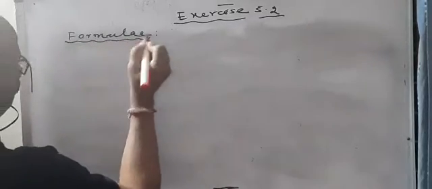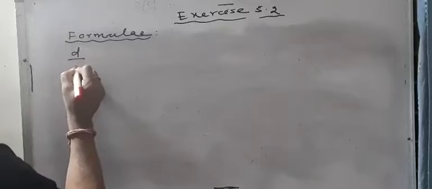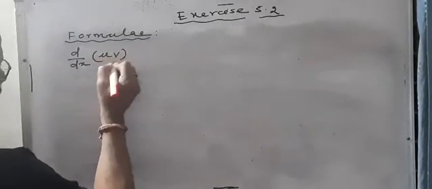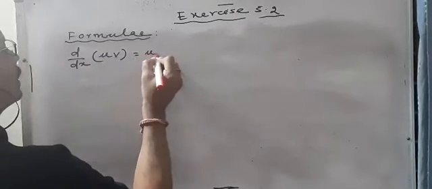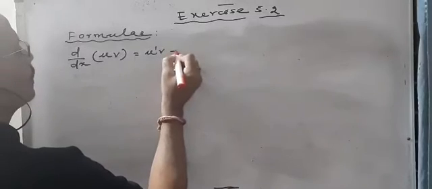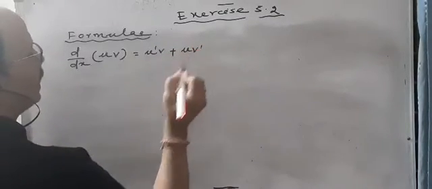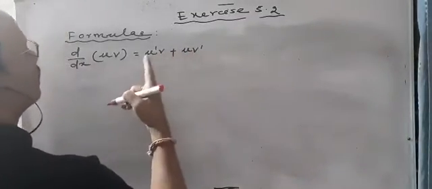So what is the formula? That is d dx of uv, means multiplication of two functions. It will be equal to u dash v plus u v dash, where u dash and v dash are the derivatives of u and v.